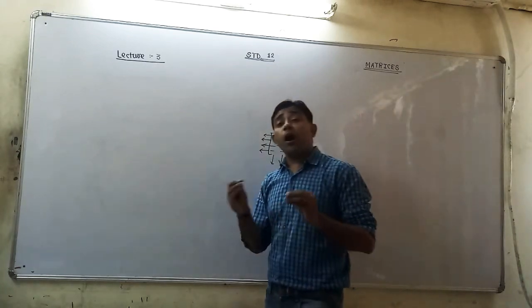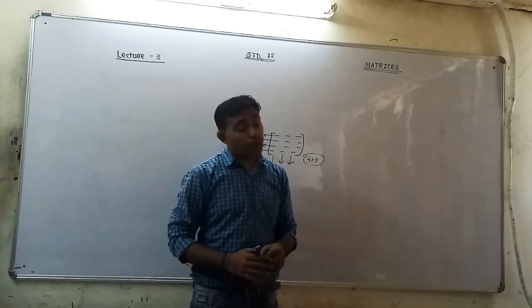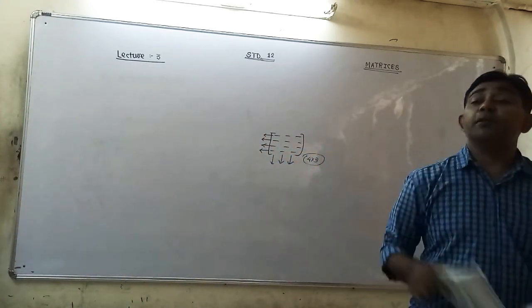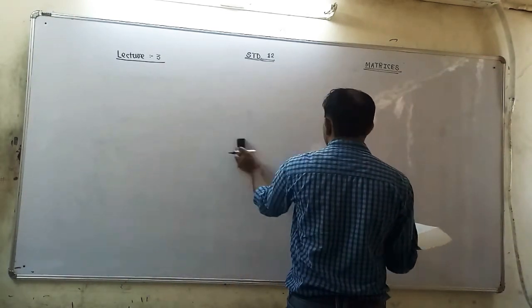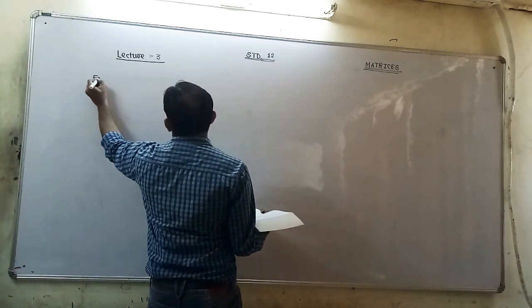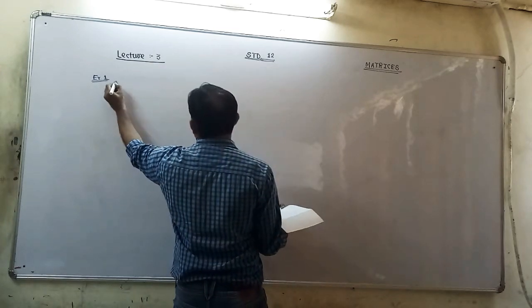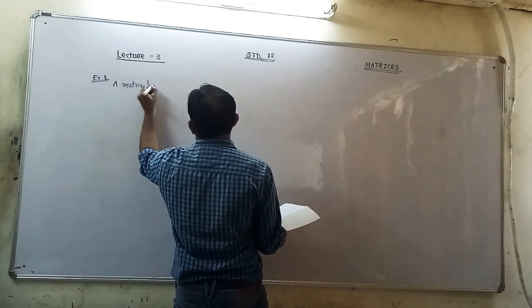Now today we are going to solve several questions related to this topic. So let us start with the first question, level number 1 as per your exercise. First question is this, Example 1. A matrix has 8 elements.